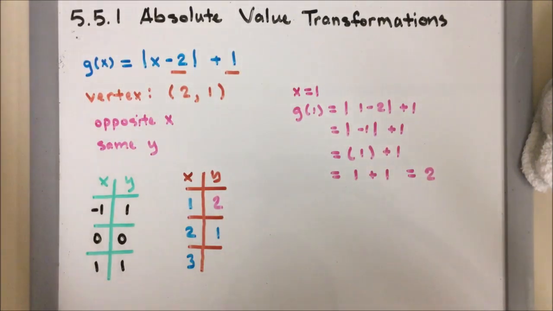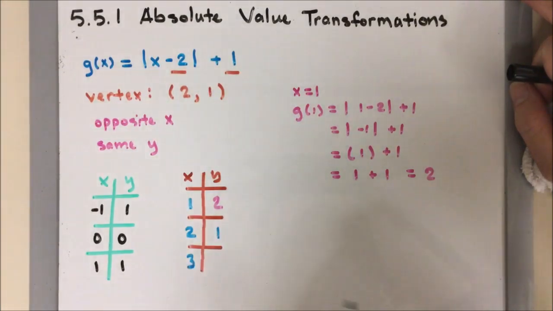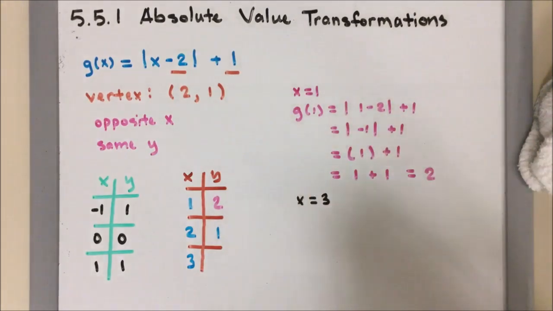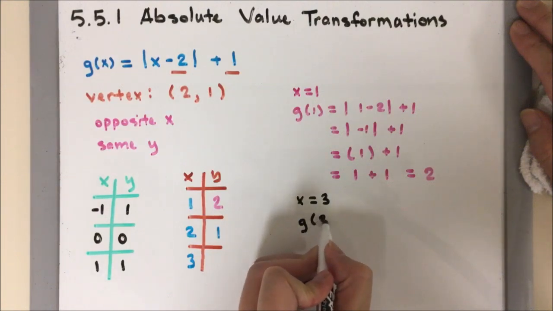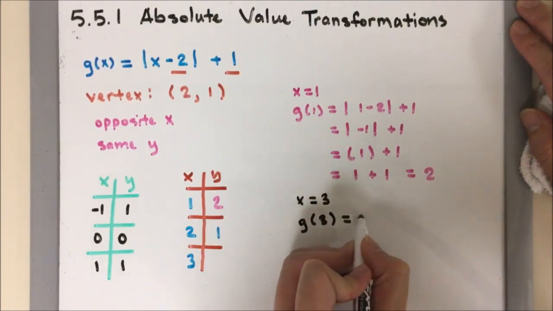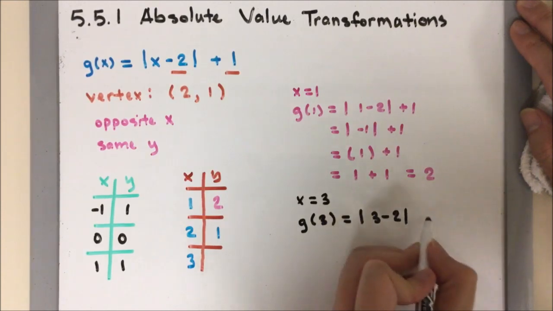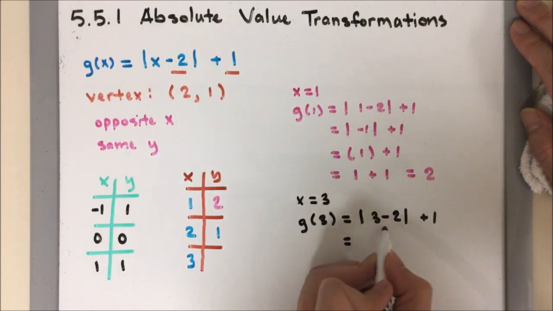Alright, so the next x value is 3. So I'm going to do x equals 3. So g of 3, meaning I'm plugging in 3 into x: absolute value of 3 minus 2, close absolute value, and then plus 1. So I'm going to solve the inside.